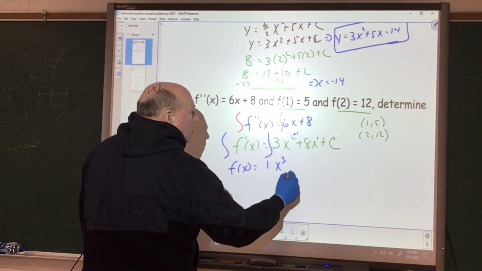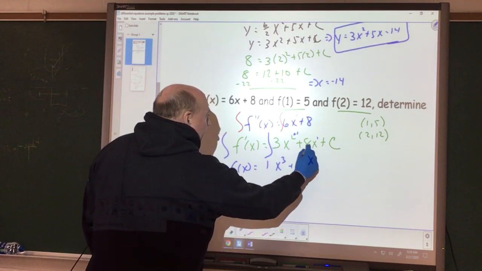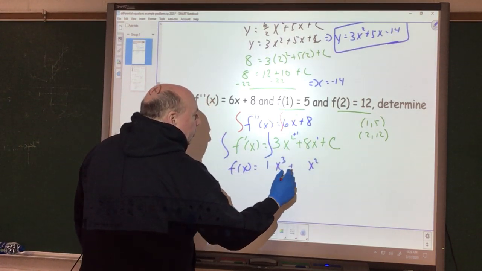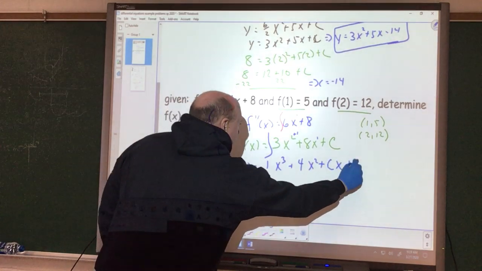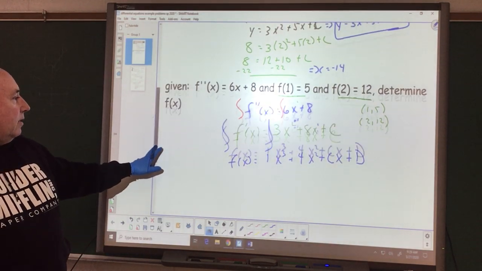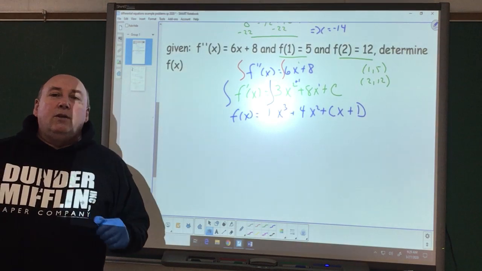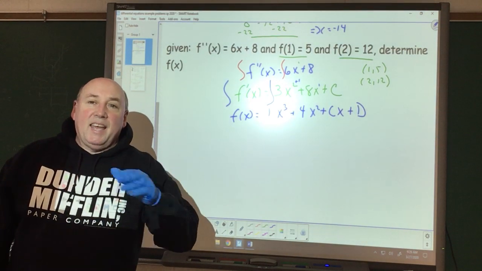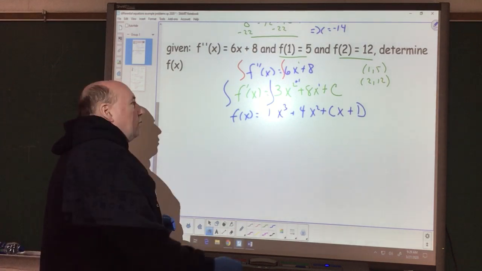I have a 1, so I'm going to add 1, so I'm going to have x squared, 8 divided by 2 is a value of 4, plus cx plus, and I'm going to throw in a d in there. What we have to do is now solve for two variables, c and also d. But I had two initial conditions.